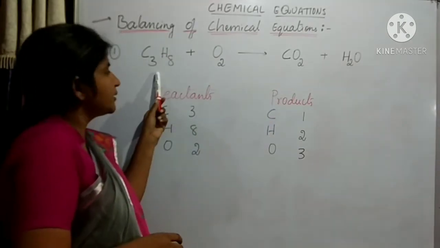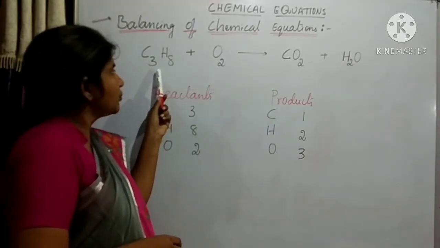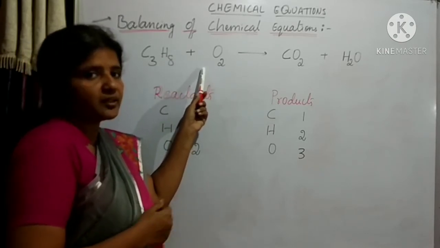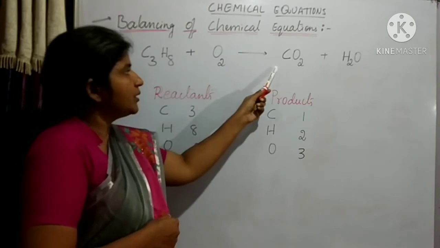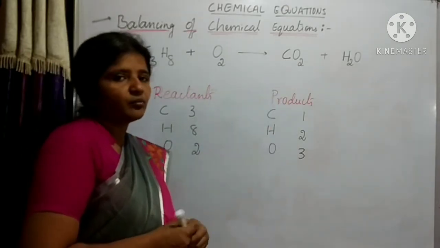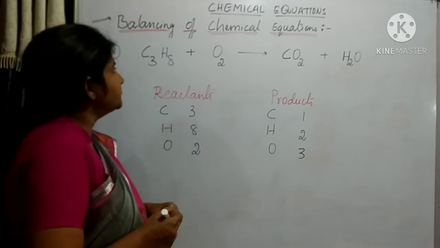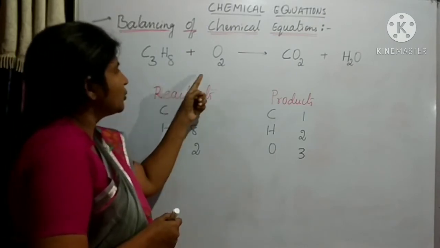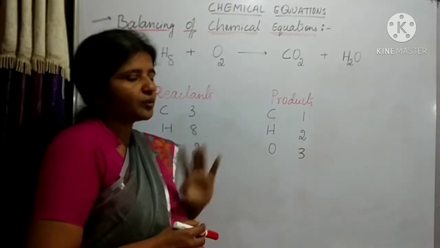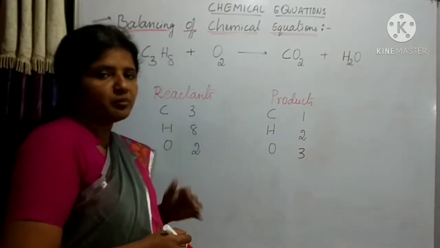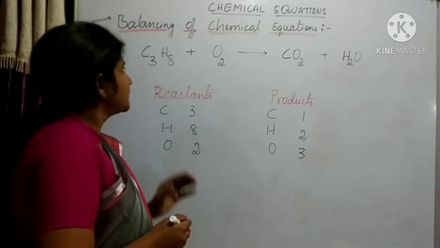C3H8 means propane, on combustion, that is burning in the presence of oxygen, giving carbon dioxide and water, steam. Here these two are the reactants and these two are the products. List out the elements on the reactant side and product side and how many are there.